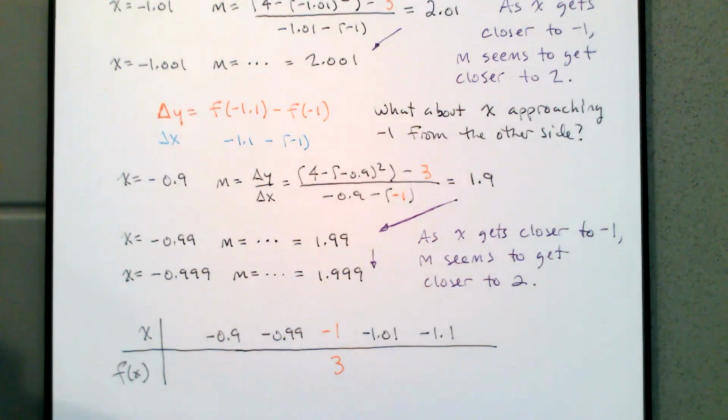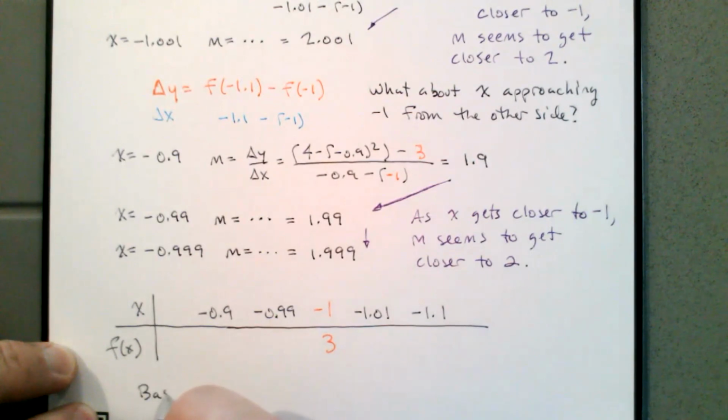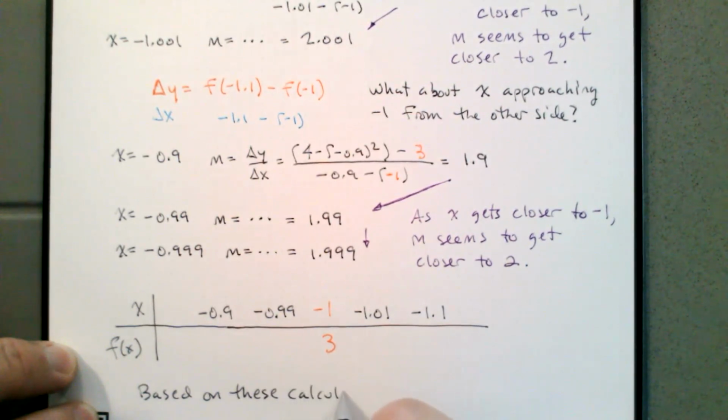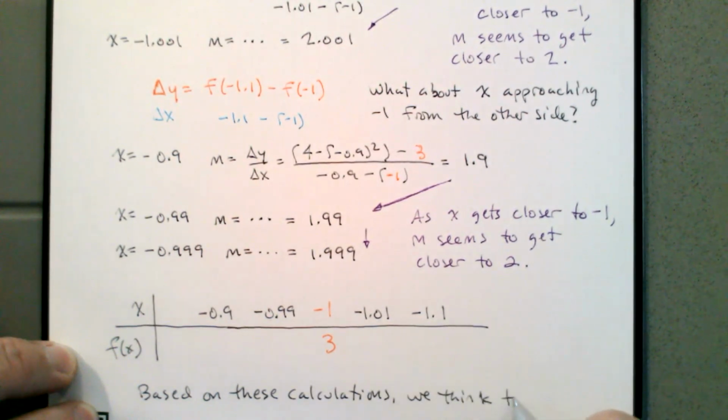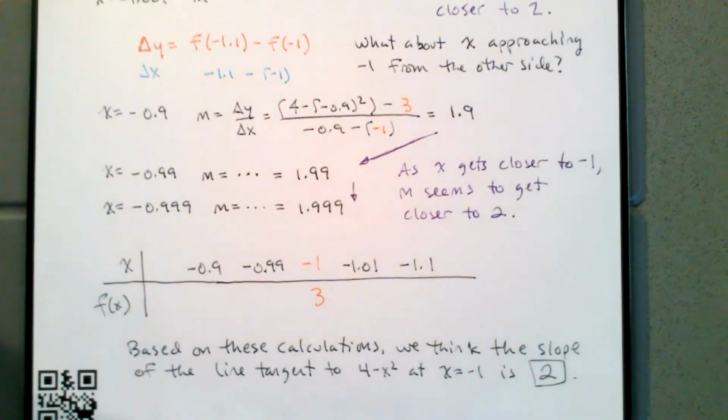So based on these calculations, we think the slope of the line tangent to 4 minus x squared at x equals -1 is 2.